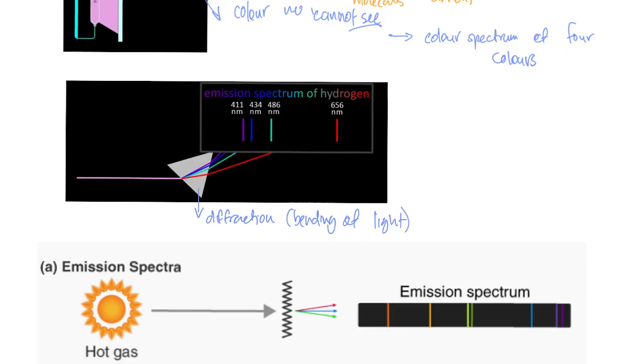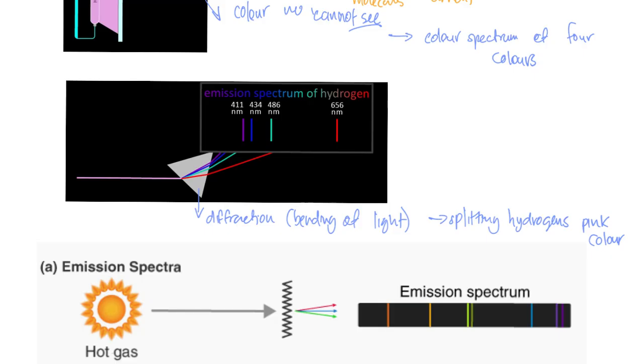What we're doing is we're going to end up splitting hydrogen's pink color. When we do that, we can see the colors that are being emitted by hydrogen atoms.